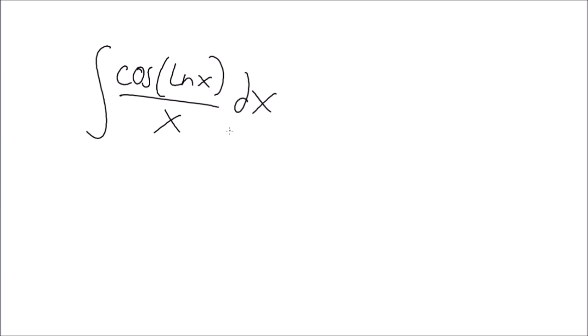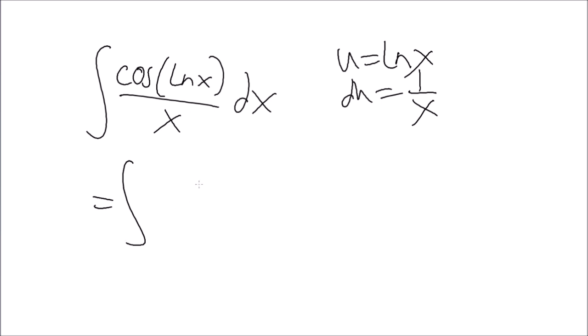Next up, cosine of ln of x over x. As soon as you see this, you should immediately notice: let u equal ln of x, because du is equal to 1 over x dx, and we can use that. So this is now cosine of u du.